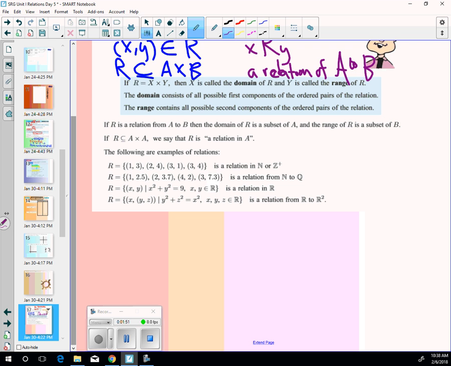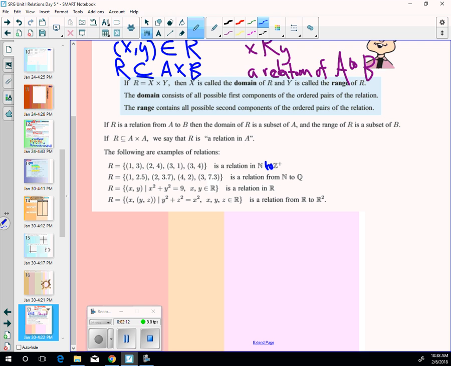(1,3), (2,4), (3,1), (3,4) is a relation of N, which are the natural numbers, to Z plus. This should be the word "to," not "or." It's a misprint. How about this one? (1, 2.5), (2, 3.7).